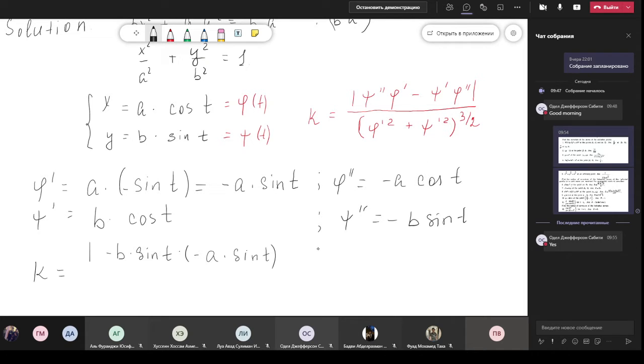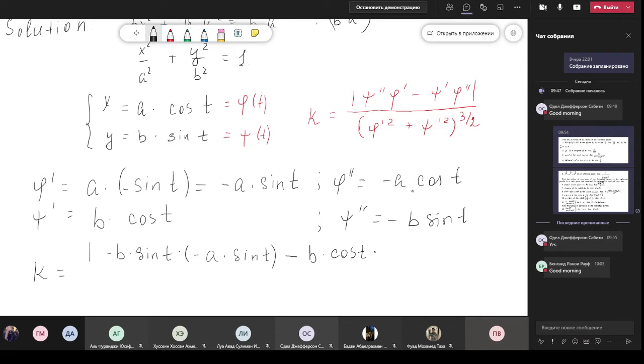Then minus psi prime. Check. Continue. Psi prime is b times cosine of t, times phi double prime.